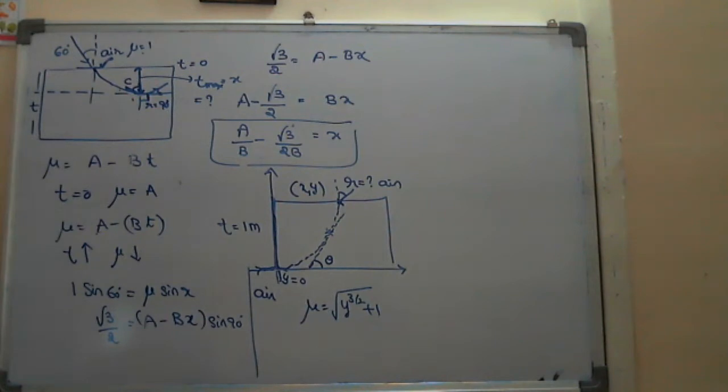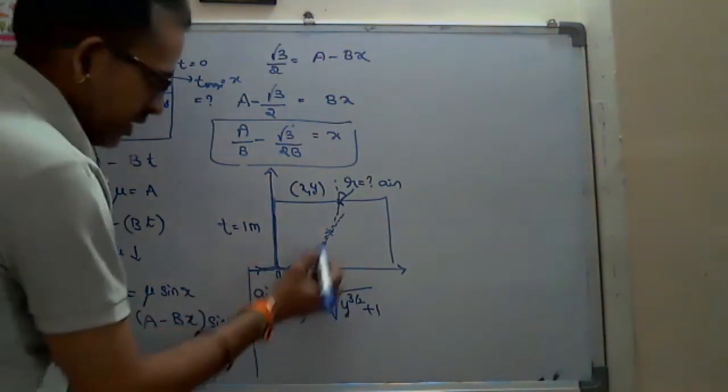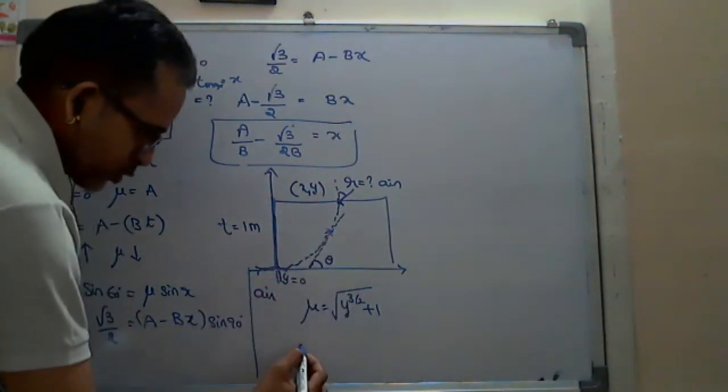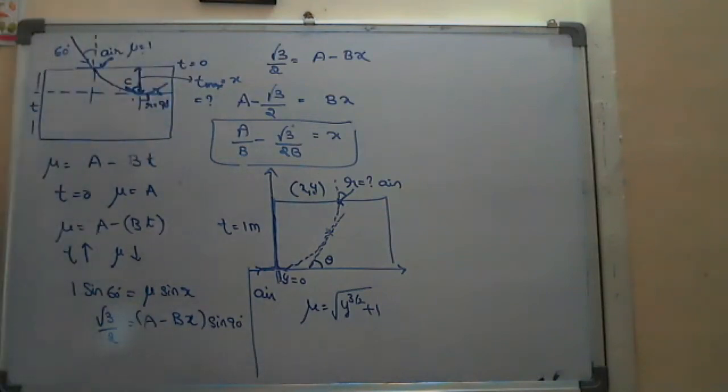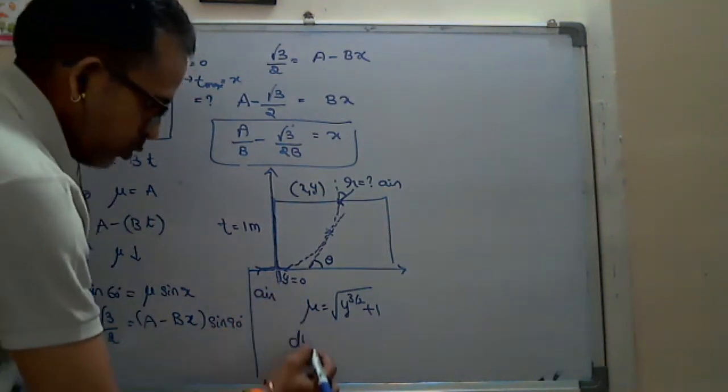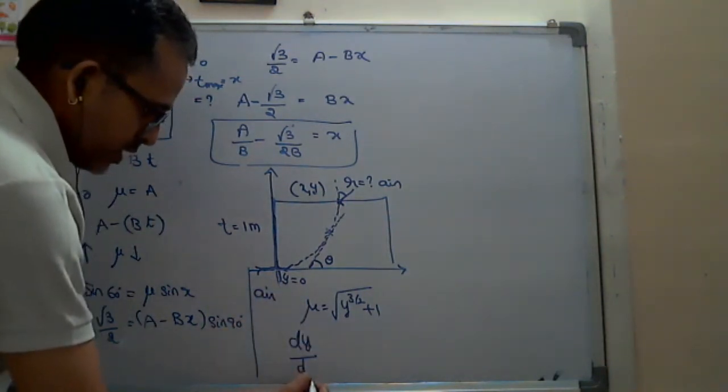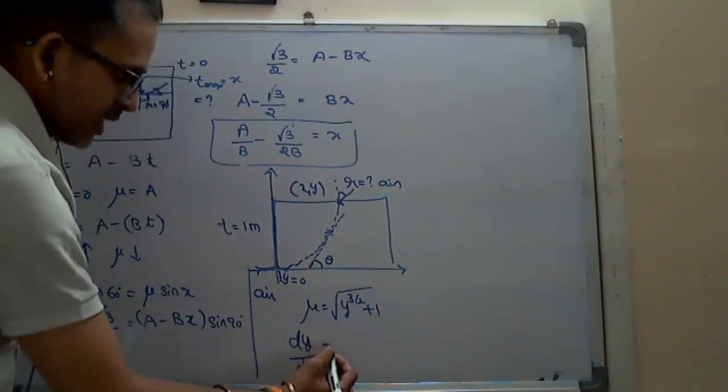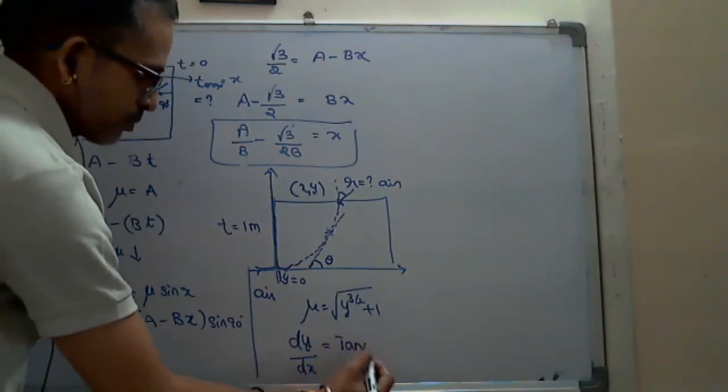I'm going into mathematics a bit. The slope at that point is tan theta, which is equal to dy by dx, that is y2 minus y1 by x2 minus x1. In mathematics I write dy by dx is equals to tan theta.